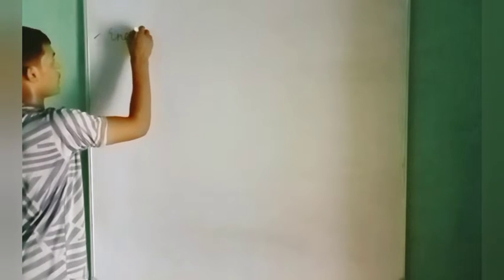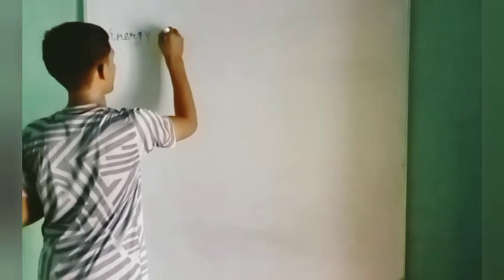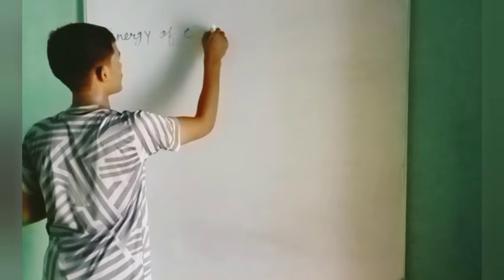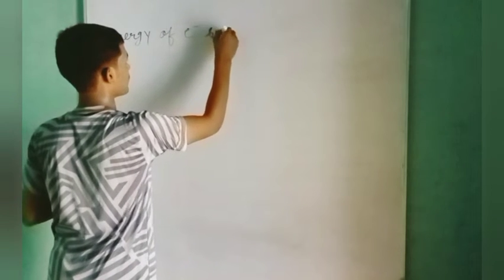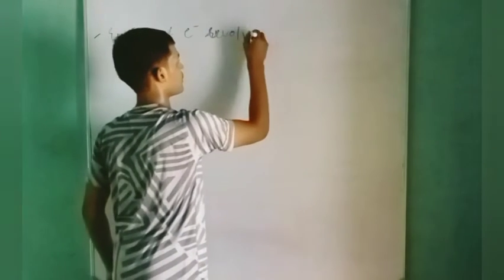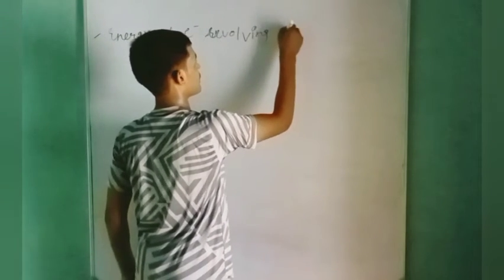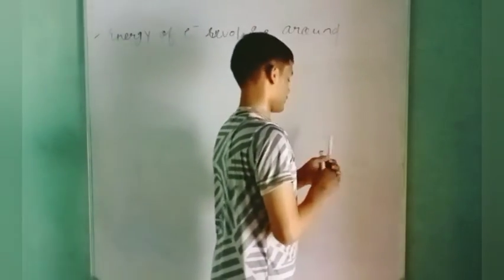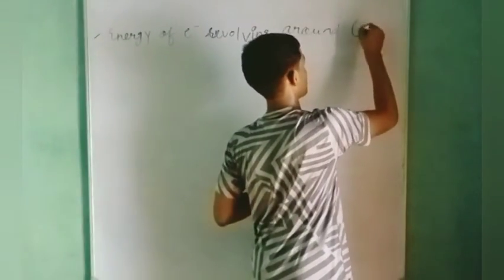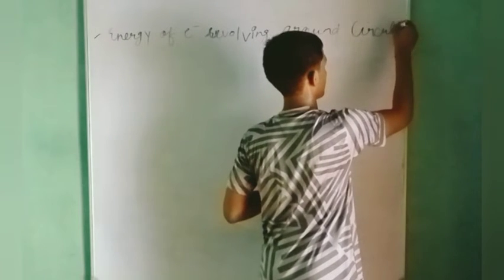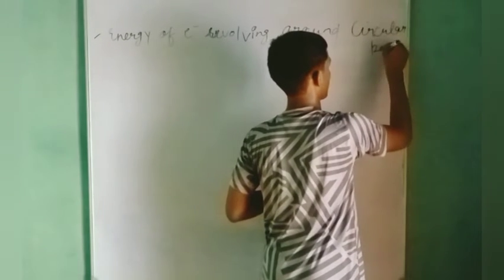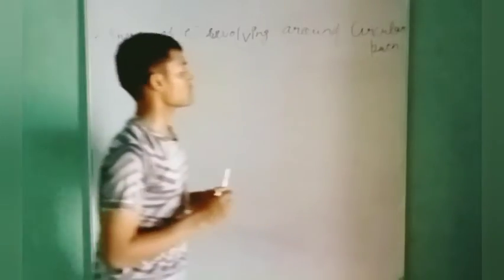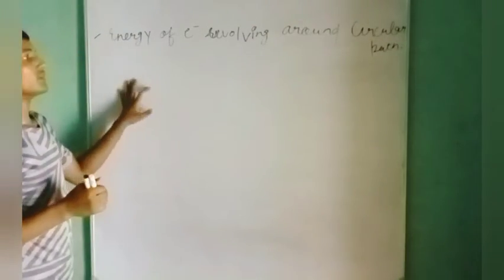So first, the energy of an electron revolving around a circular path. We have to derive the formula for an electron revolving around a nuclear circular path.